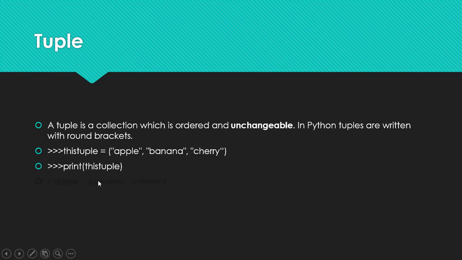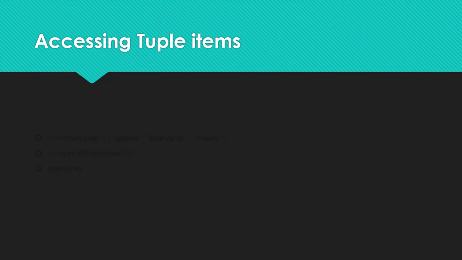Then I simply print this tuple and apple, banana, cherry is printed. The only difference is in a list square brackets are used, whereas in a tuple round brackets are used. Also they are immutable, unchangeable. We are going to discover how they are unchangeable later in the video itself.